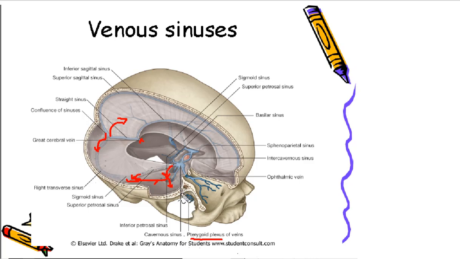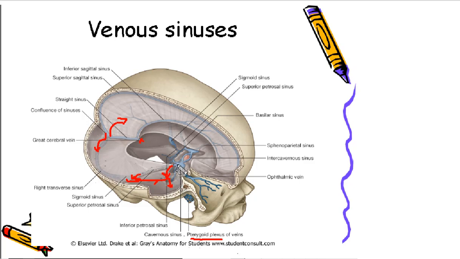Now if there was some infection which made its way into the cranial cavity and somehow involved the cavernous sinus, then that infection could spread to the eye or it could spread to the face. Usually it's the other way around. Eye infections or facial infections, because of this connection with the cavernous sinus, can travel into the cranial cavity, involve the cavernous sinus and cause a thrombosis over there.